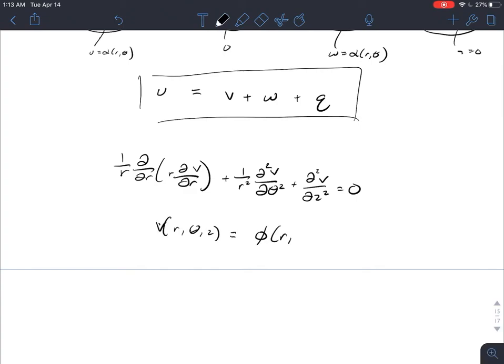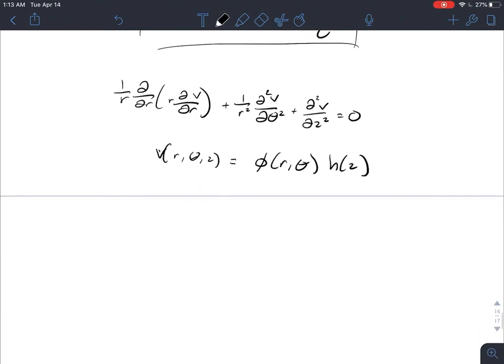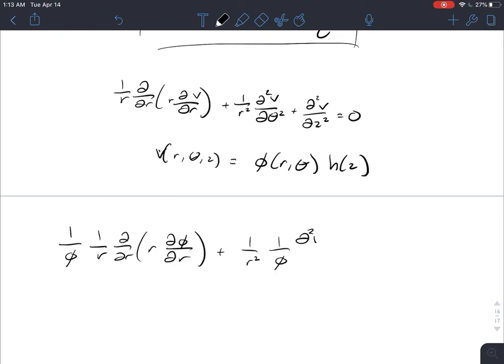Let's first define the separation of u as r theta times h of z, such that we get 1 over r, phi 1 over phi, plus 1 over r squared, 1 over phi, v theta squared, is equal to negative 1 over h squared, v h z squared.